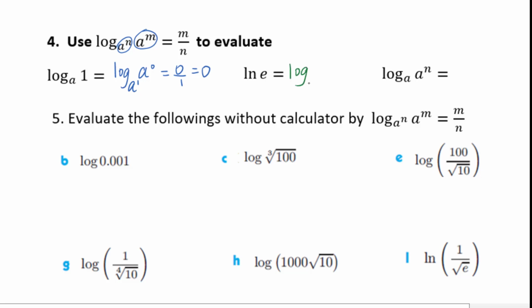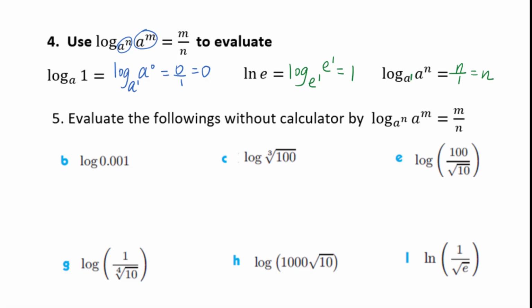Natural log base is e. E to the first power of e to the first power. 1 over 1 equals 1. Log base a of a to the nth power. We can write down a as a to the first power. So n over 1 equals n.